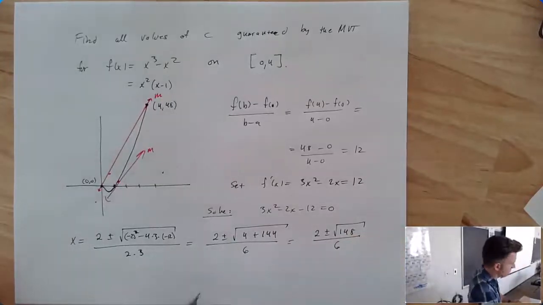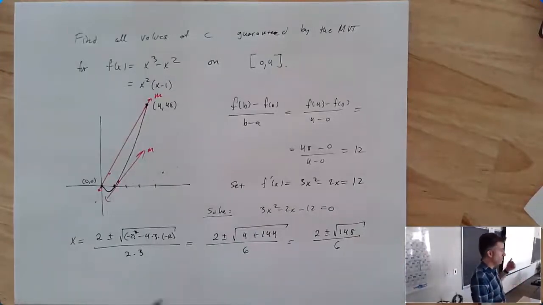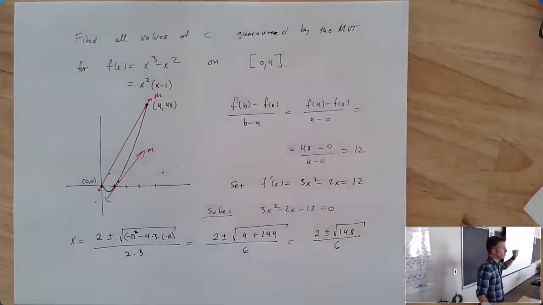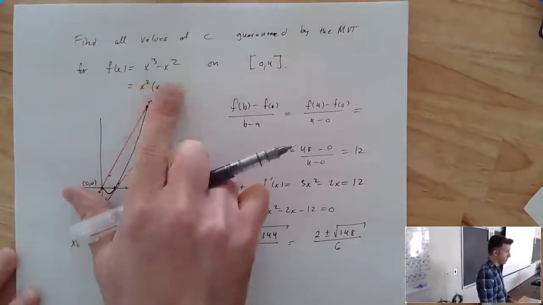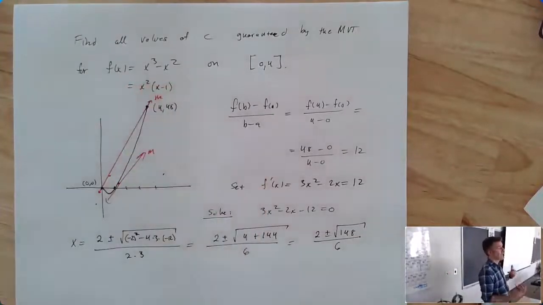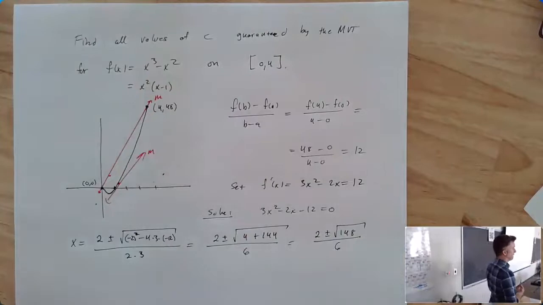Yeesh. So we know by the mean value theorem, there has to be at least one answer to this question. Actually, I should point out, we know because the function is certainly continuous and differentiable everywhere. So we certainly can use the mean value theorem, right? The function has to meet those 2 criteria. It certainly does. So there's at least one value, but there could be 2.